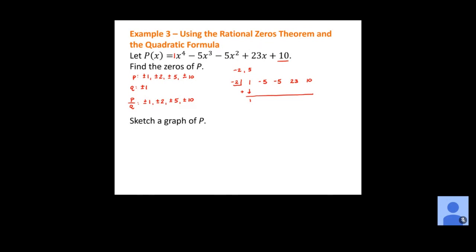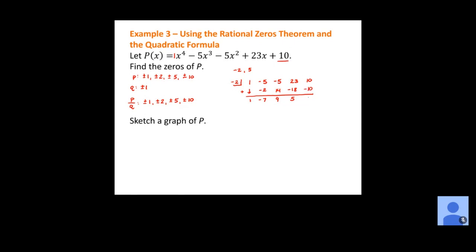Multiply. Good. 1 times -2. I'm just going to go ahead and do this. -2. Then we remember we're adding, so it's going to be -5 plus -2. That should give us a -7. -7 times -2 should be 14. -5 plus 14, so +9. 9 times -2 is -18. 23 plus a -18 is going to give us 5. 5 times -2 is -10.